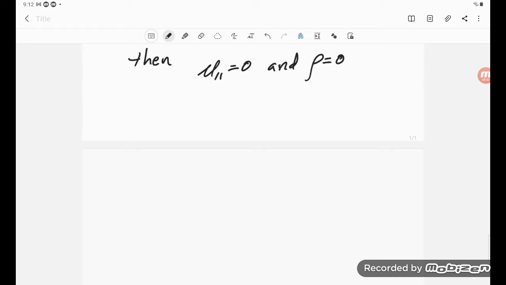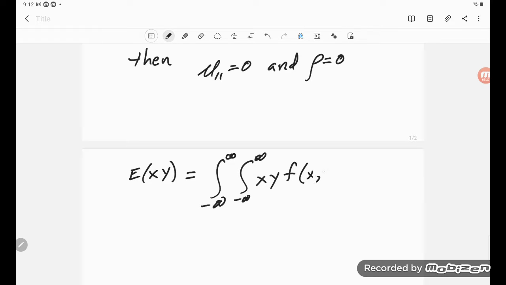And so if we look at e of xy, I'll do it here, e of xy, remember that that's just the integral from minus infinity to infinity, minus infinity to infinity, of x times y times our joint probability distribution, dx dy.